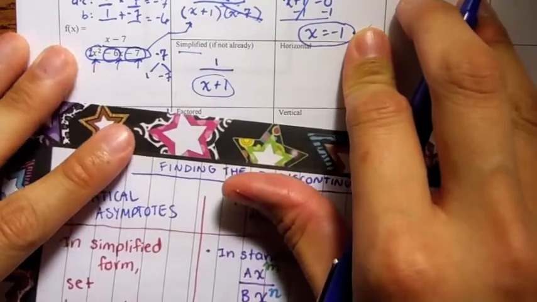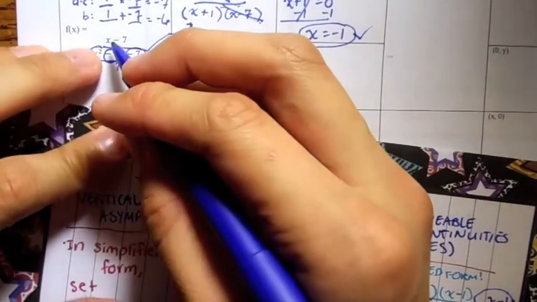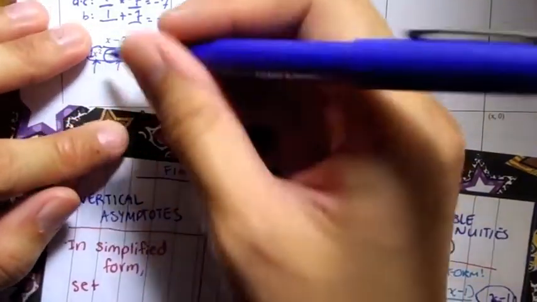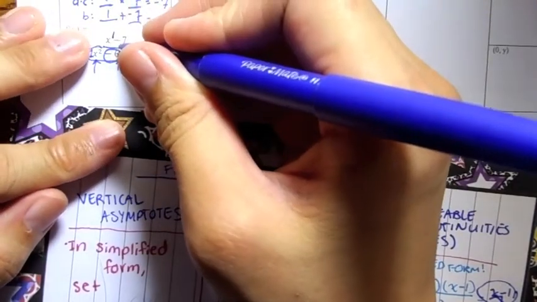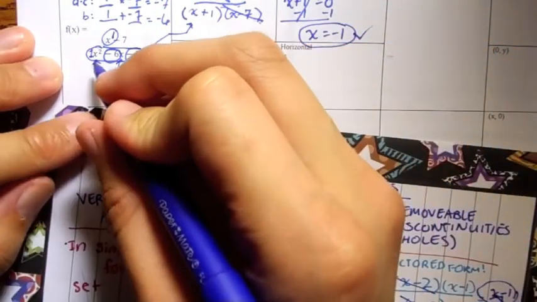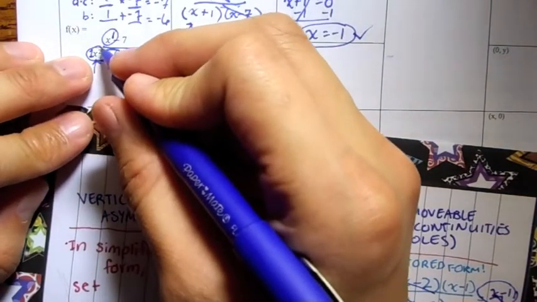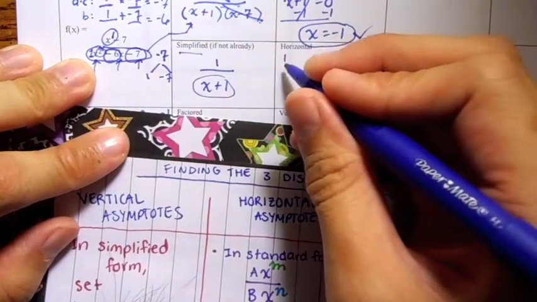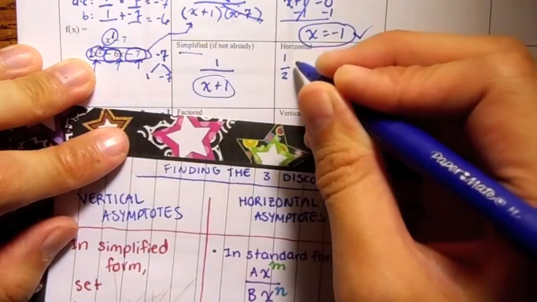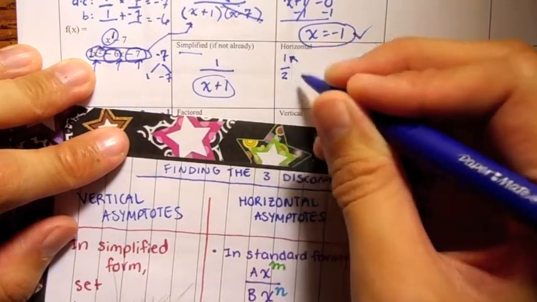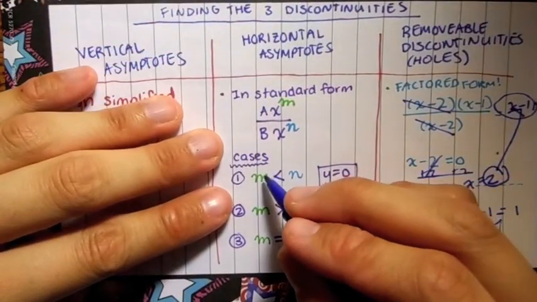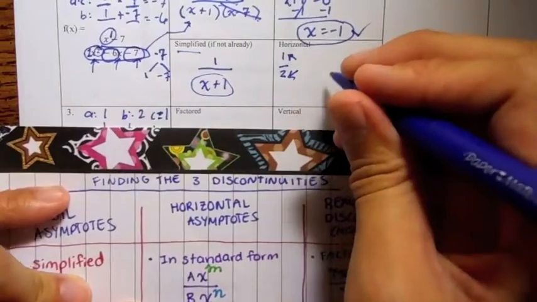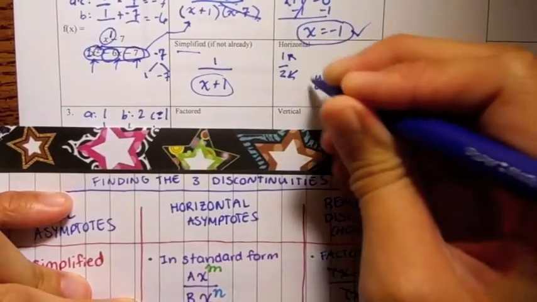Let's look at number 2, for example. The highest degree in the numerator, meaning the highest exponent, is a 1. Alright, so I have a 1 here, so I'll show it. And then the highest degree in the denominator is a 2. The highest exponent right here would be a 2. Well, 1 is smaller than 2. So in the case where the top is smaller than the other one, your horizontal asymptote will be y equals 0.